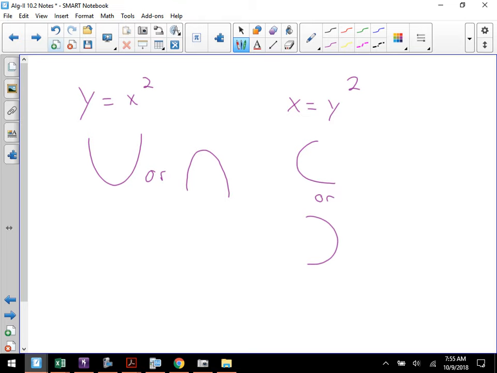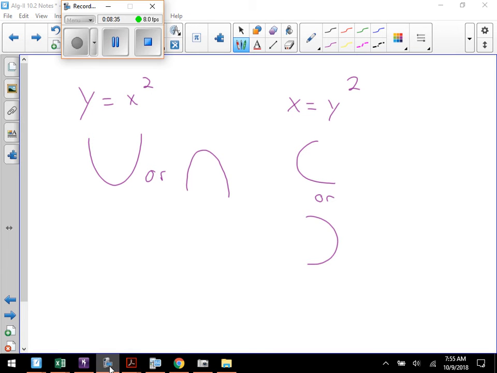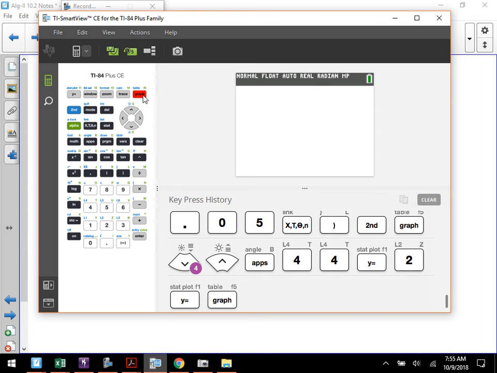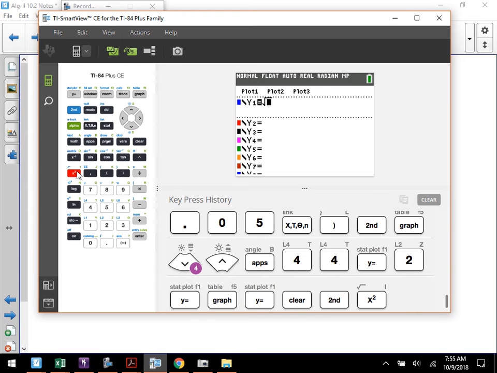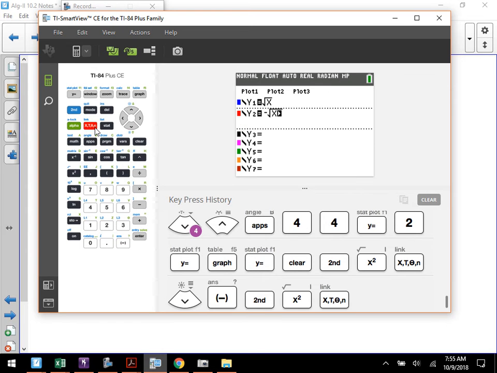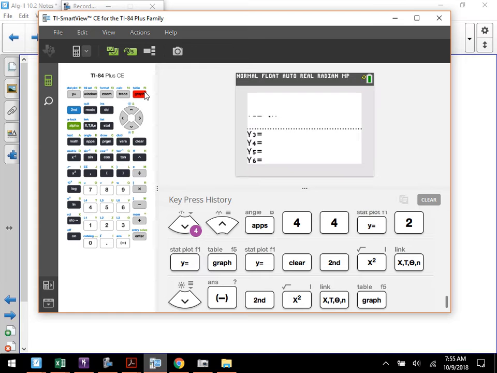What happens when you take a square root over both sides of an equal sign? You get plus or minus. So go to your y equals real quick. Quit this first. And let's do a square root of x, and then do a negative square root of x. Graph it.